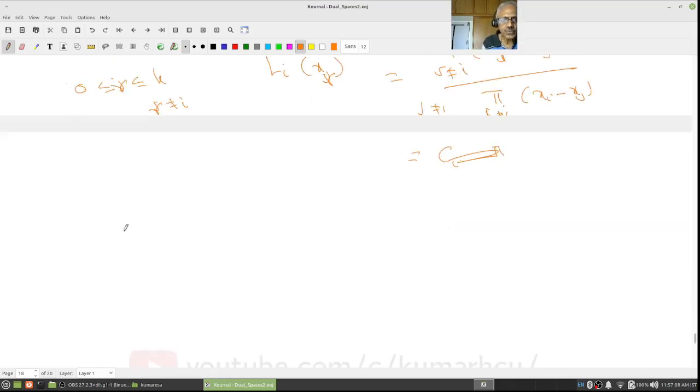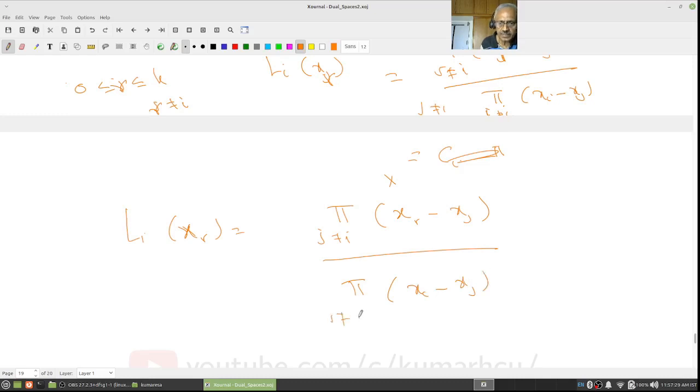right? So Li of xr is the product over j not equal to i of xr minus xj. At place of x I have to substitute xr, and this is divided by the product of xi minus xj, j not equal to i.